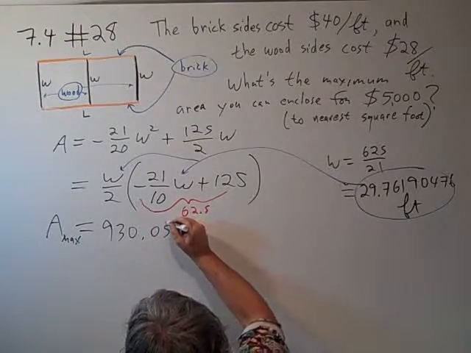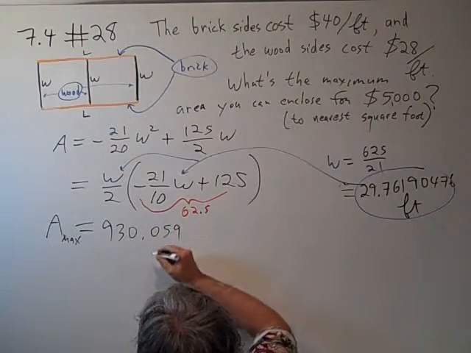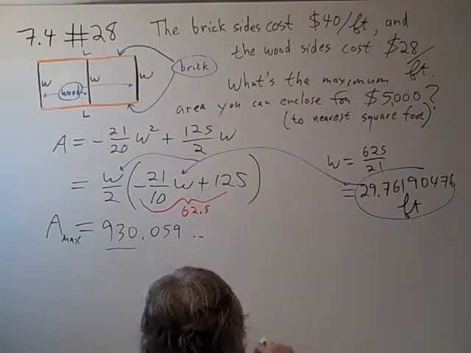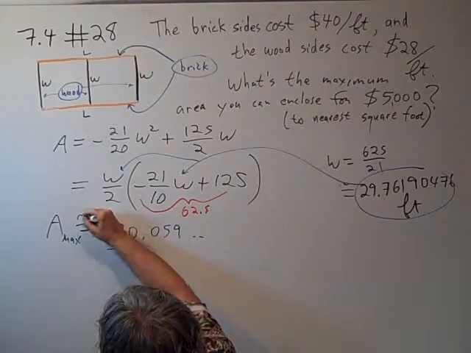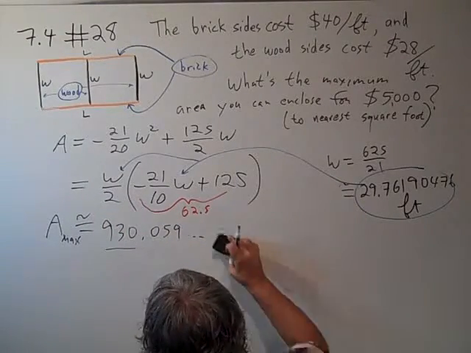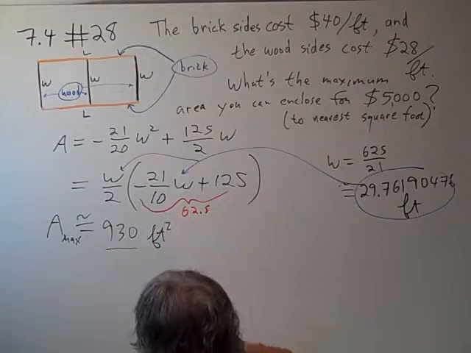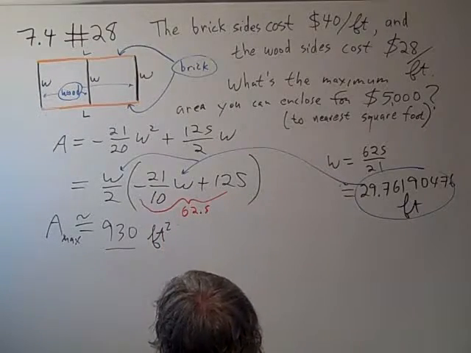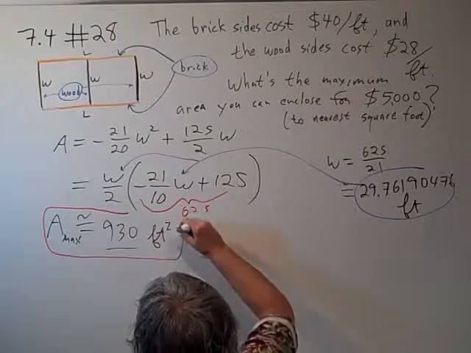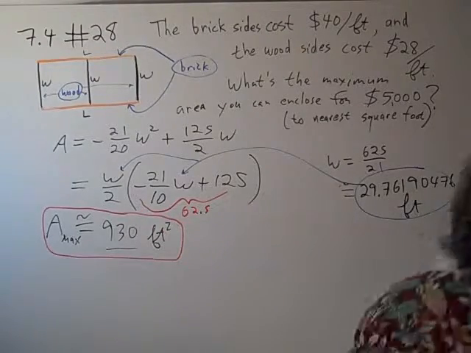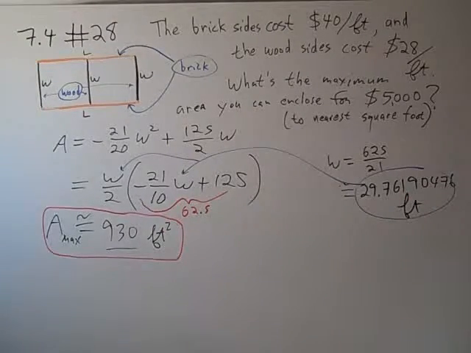Anyway, to round off to the nearest square foot, that would be 930. So the area is approximately equal to 930 square feet. And that is the maximum possible area for this enclosure for $5,000.